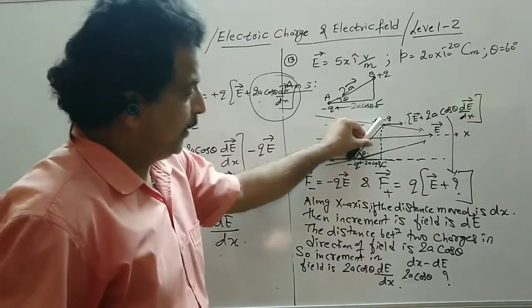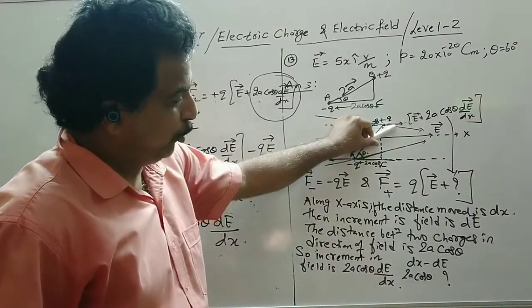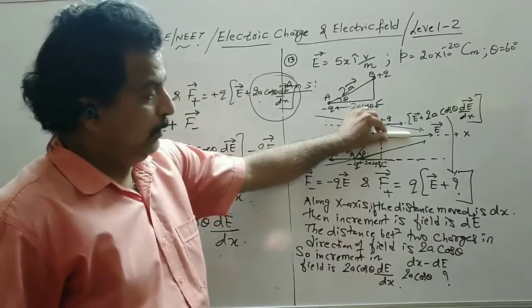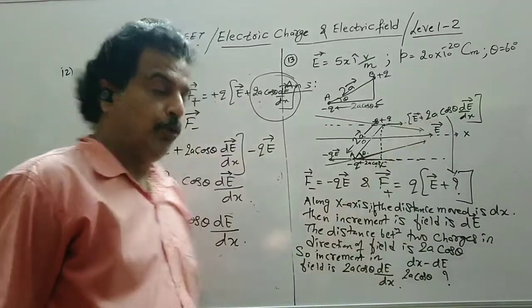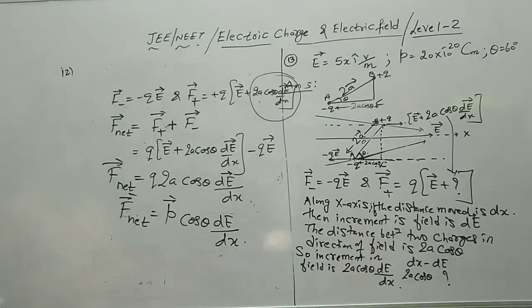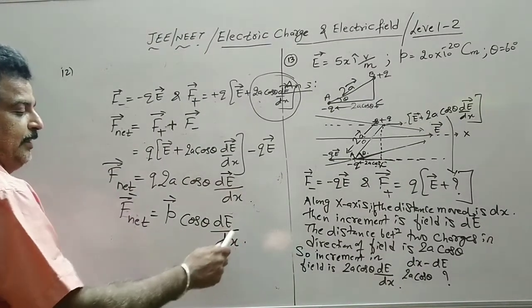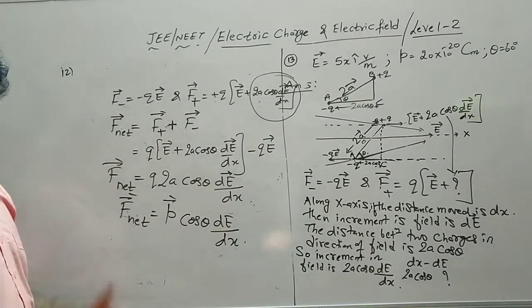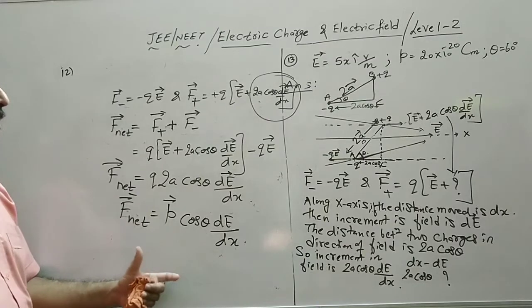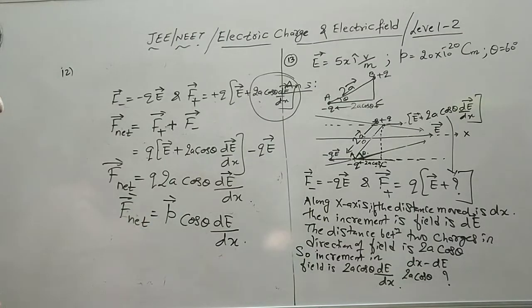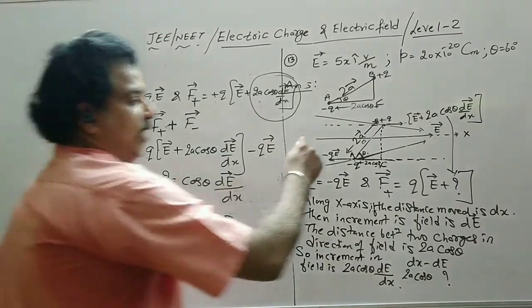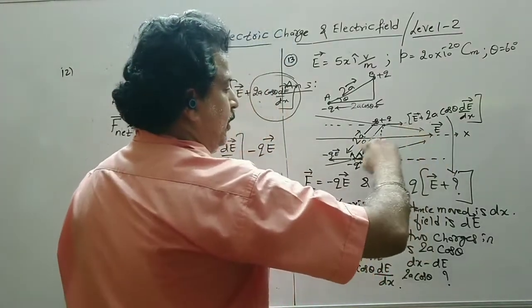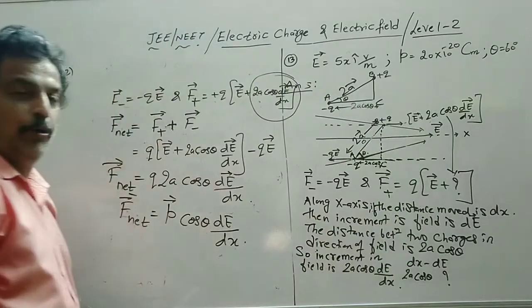Now this dipole will perform rotational motion as well as translational motion, and this formula can be written as P cap cos theta dE by dx. This is the general formula for the resultant force acting on a dipole. So if I want to take a direction, the resultant force acting on it will be in the direction of the dipole moment.